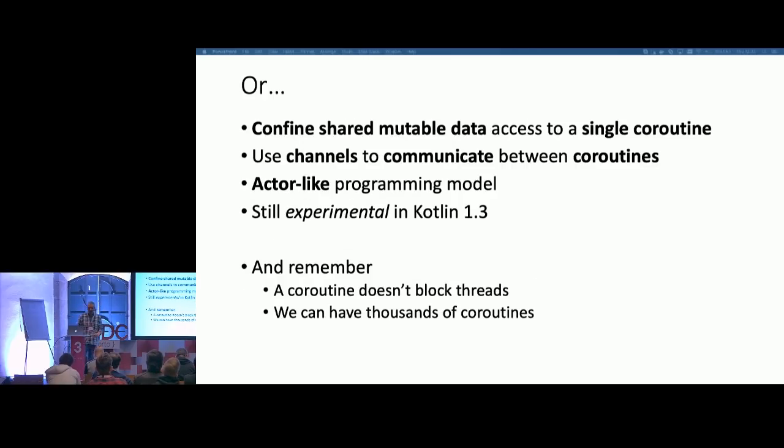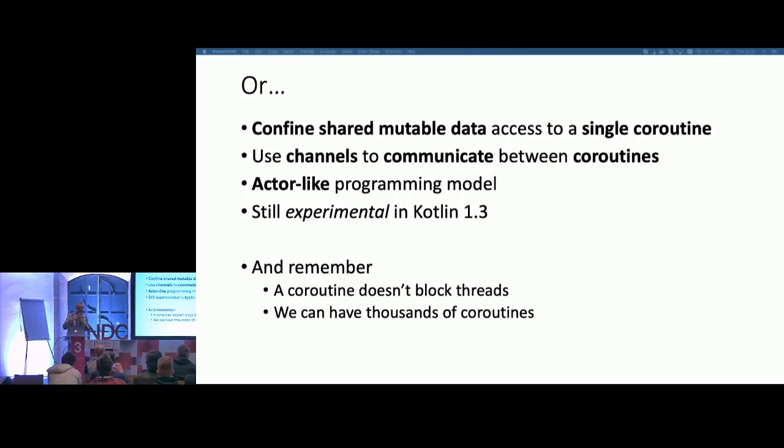Namely, what the Kotlin team is trying to create, and it's still experimental in Kotlin 1.3, is a technique where we handle the issue of synchronization by not having shared state between coroutines. So what they are recommending is that I confine shared mutable data to a single coroutine.